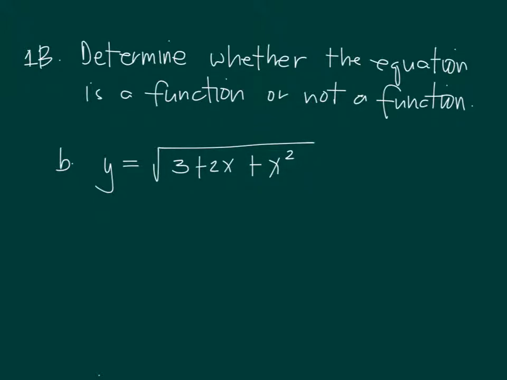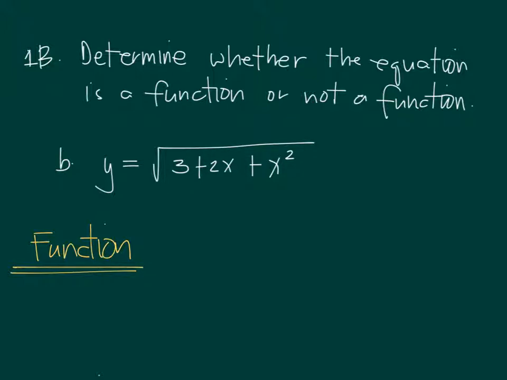Now, to answer this question, we have to go back to the concept of functions. When do we say that a given equation will behave as a function? For relations to be functions, you only have to consider a special relationship between two sets.